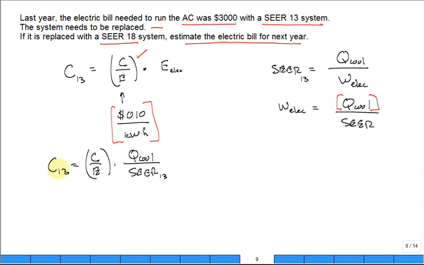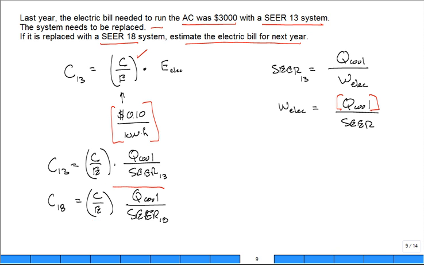So I'm interested in the cost when I had a SEER of 13 compared to the cost when I have a SEER of 18. Same cost per unit for electricity, same amount of cooling, but I'm now having a different SEER number. I'm using a SEER of 18.